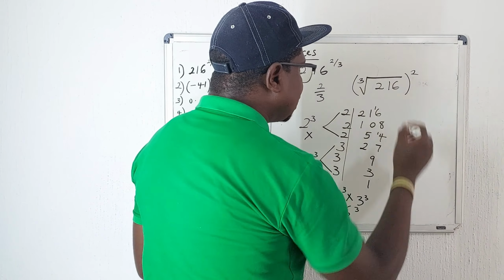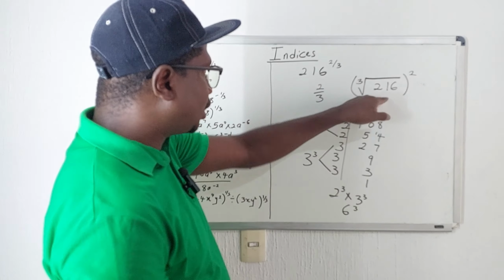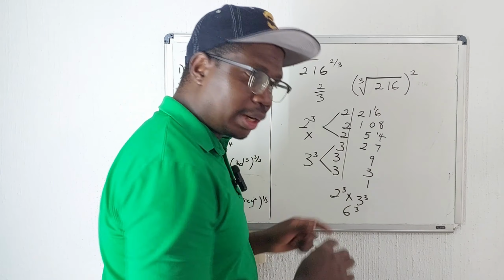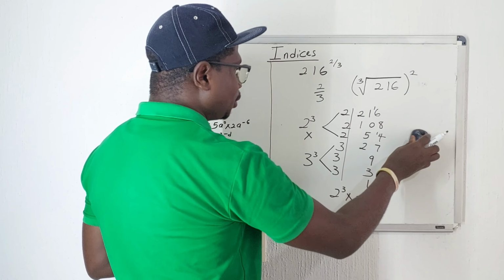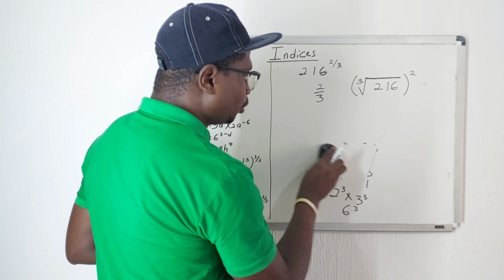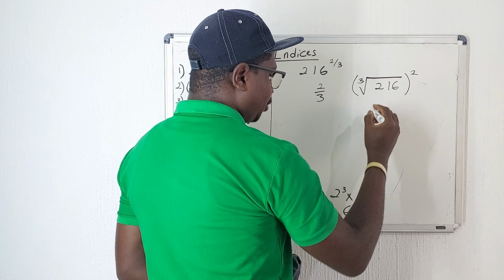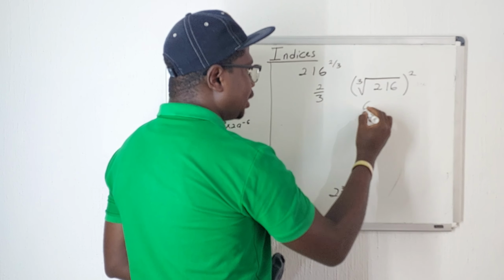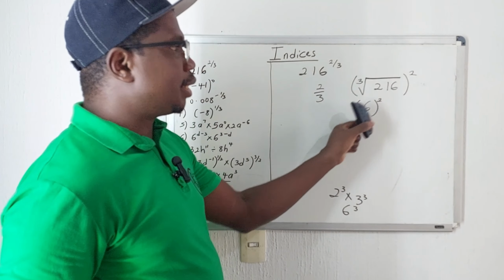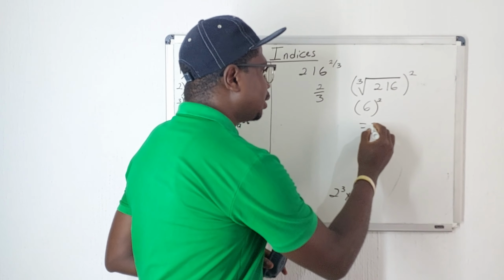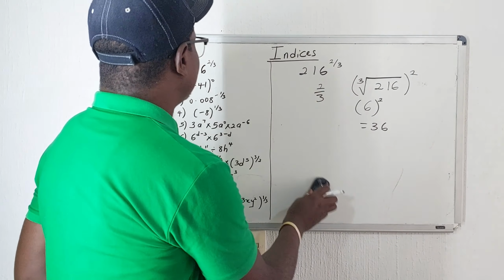So the cube root of 216 is 6. That is what the calculation means if you are confused about how to get the cube root. So we have 6 squared, and 6 squared is 36. So that is the first one.